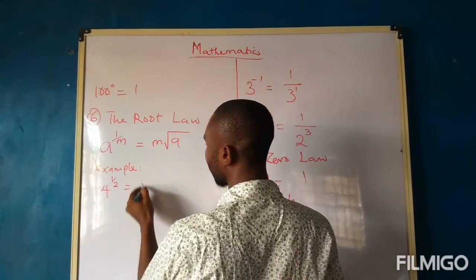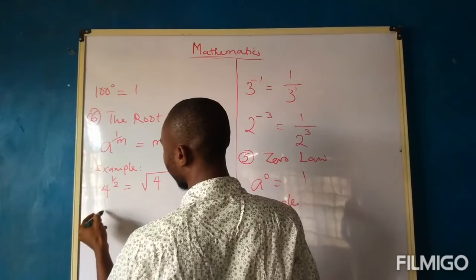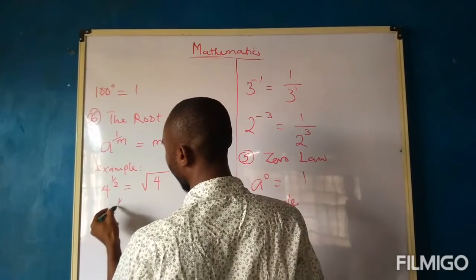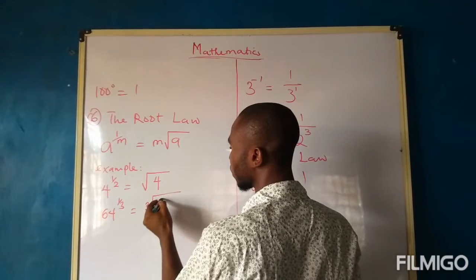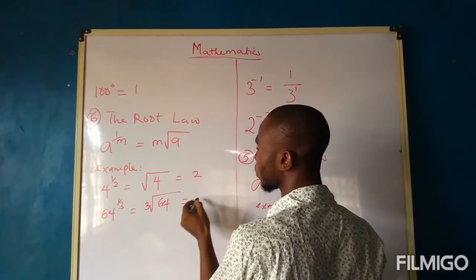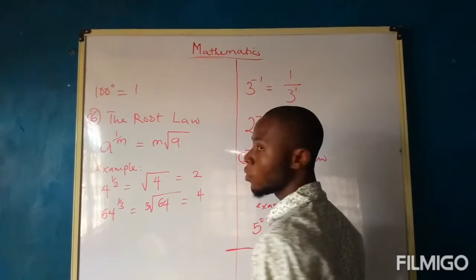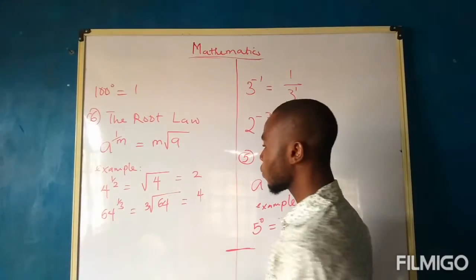That will be the square root of 4. Also, if we have 64 raised to the power 1 over 3, that's going to give us the cube root of 64. The answer to this will be 4. Why is this one going to be 4? Because 4 raised to the power 3 is going to give us 64.